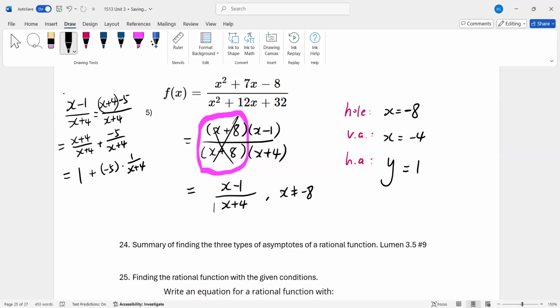So this, I think the branches are going to be, when x is negative, in the left top and the right bottom. And then the center is at negative 4. And the horizontal asymptote is 1.